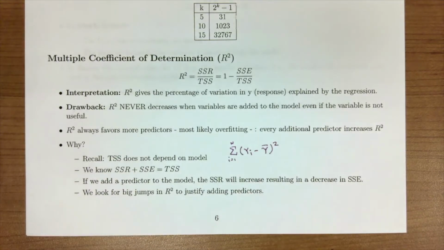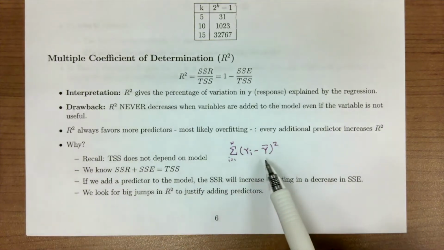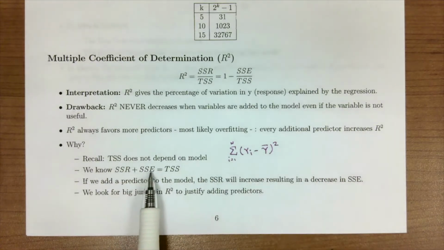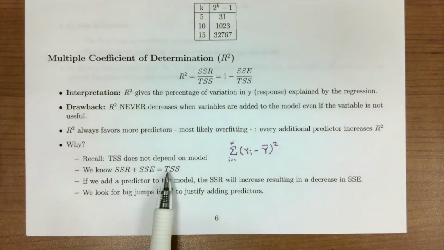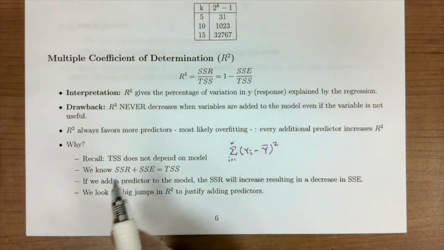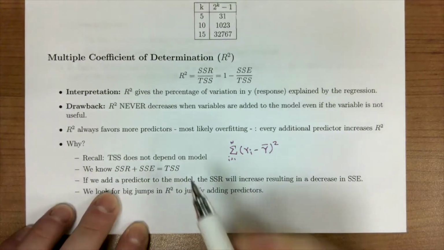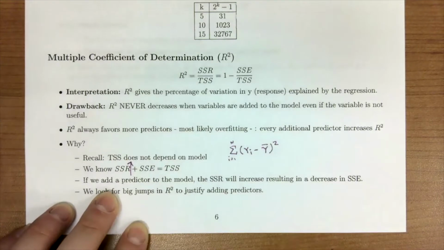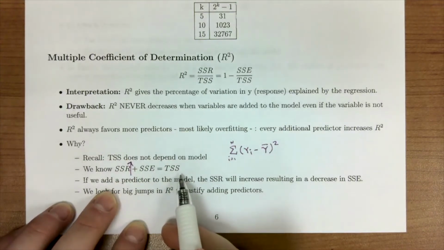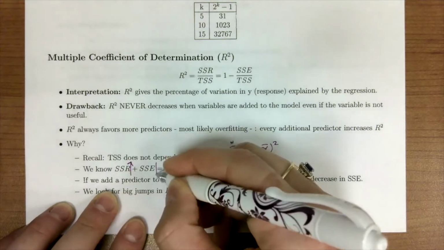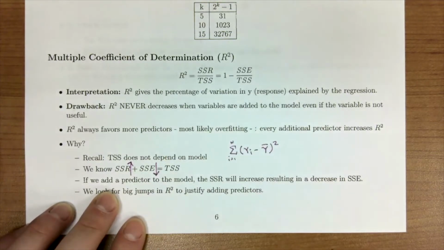There's no y hat, and so this doesn't depend on the model. We also know that our sums of squares regression plus our sums of squared errors is going to equal this number. Based on how we calculate our sums of squares regression, as we add more predictors, this sums of squares is going to increase. And since it has to equal the total sums of squares, as this value increases, our sums of squared error is going to decrease.